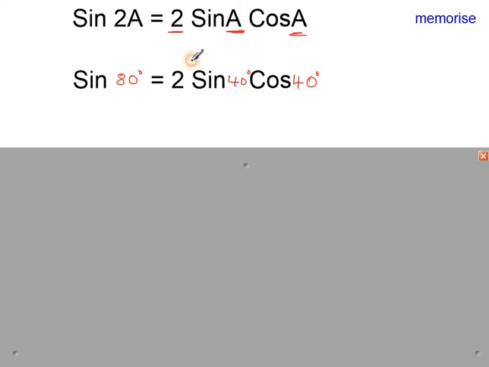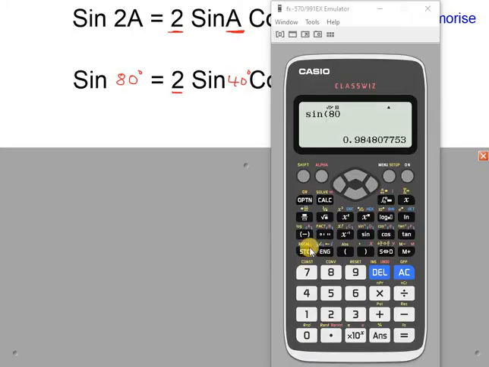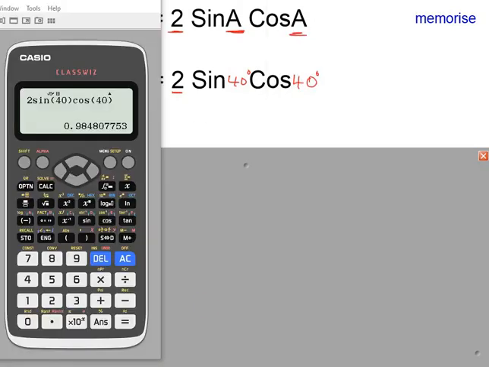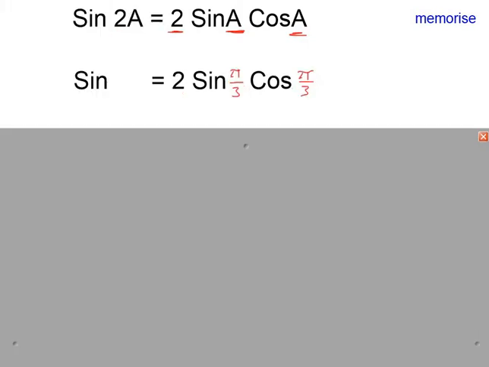So once again, this is your double angle identity for sine. That's always a 2. Let's test this in the calculator to see if the left hand side is equal to the right hand side. So this is the sine ratio for 80 degrees, that's the left hand side, and this is the right hand side, and we get the exact same value. In radians, if the angle on the right, so angle A, is pi over 3, then 2A, so we have to double this, is 2 pi over 3.